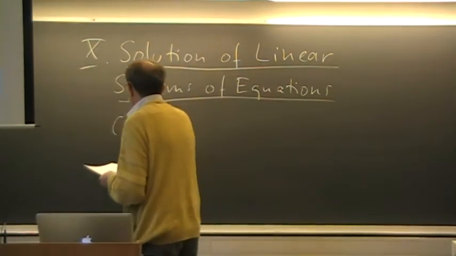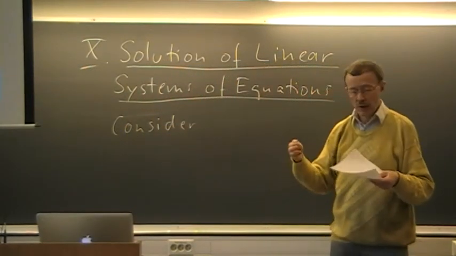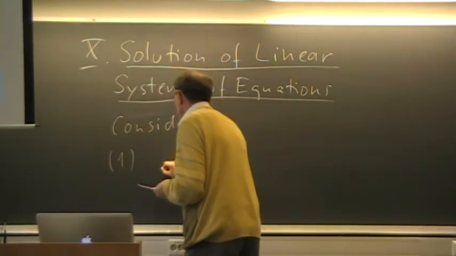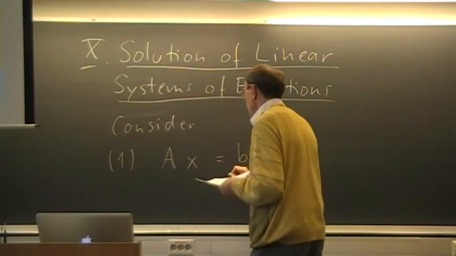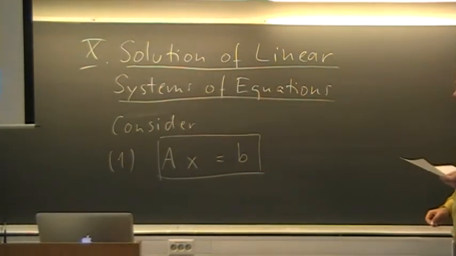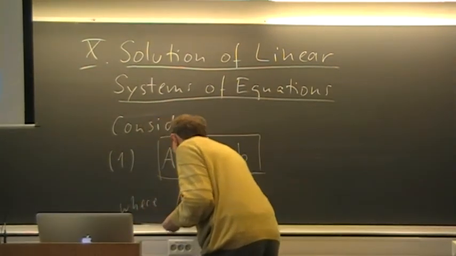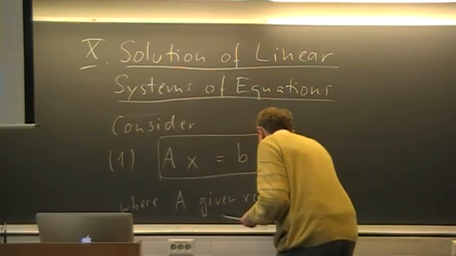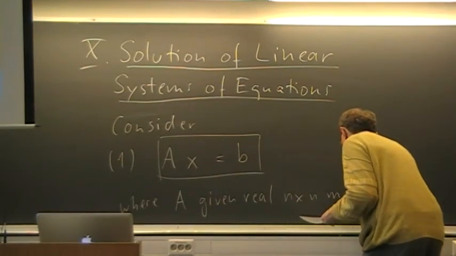So, let us consider the general problem. We assume that we have done the discretization and that we have formulated our linear system, and we consider it in the form matrix A times the unknown x is equal to some given right-hand side. We assume that A is given, a real n by n matrix.